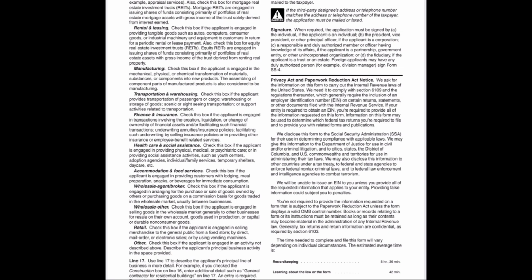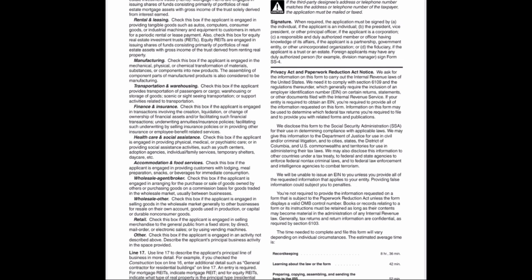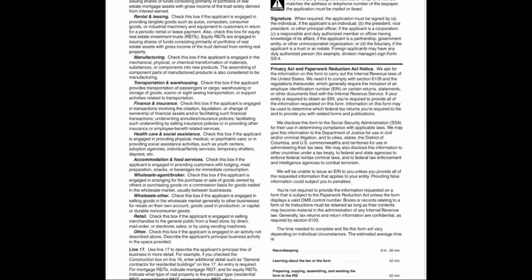We disclose this form to the Social Security Administration, SSA, for their use in determining compliance with applicable laws. We may give this information to the Department of Justice for use in civil and/or criminal litigation, and to cities, states, the District of Columbia, and U.S. commonwealths and territories for use in administering their tax laws.